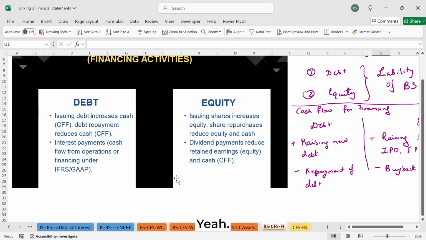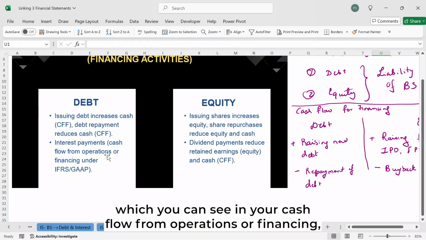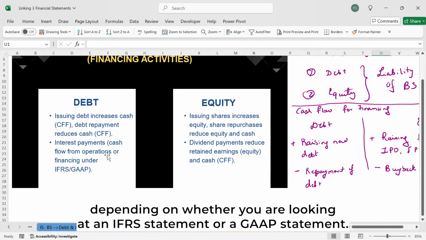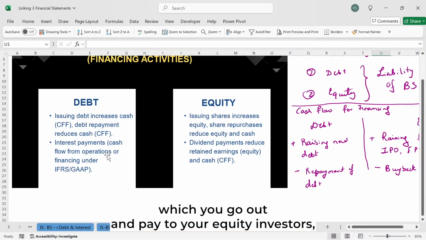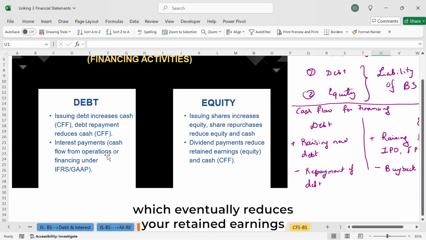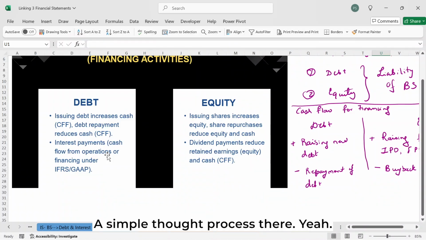Associated with debt, you also have interest payments, which you can see in your cash flow from operations or financing, depending on whether you're looking at an IFRS statement or a GAAP statement. Similarly, when it comes to equity, you will also see dividend payments, which you pay to your equity investors, which eventually reduces your retained earnings and also leads to an outflow of cash from your financing activities. A simple thought process there.